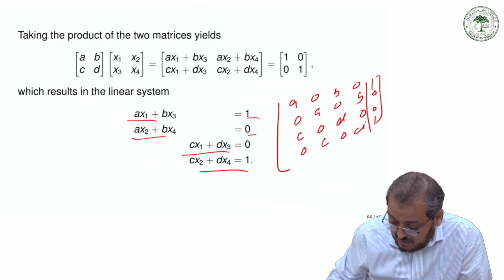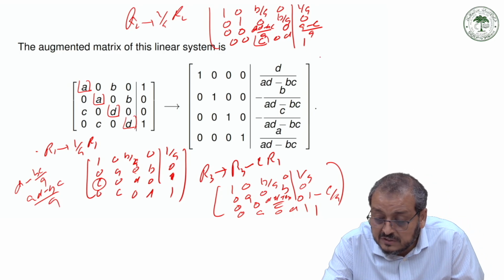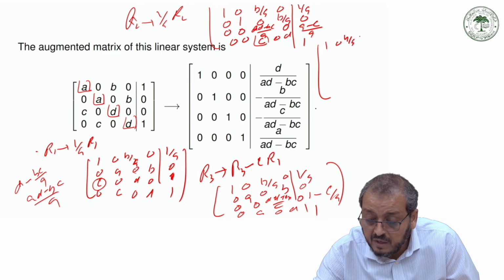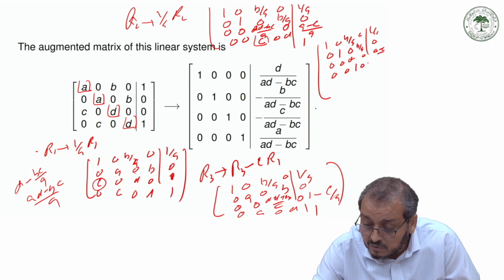Now similarly, we have to just apply here. You have to take a out; this is divided by c. So we get this: 1, 0, b/a, 0, 1/a, 0, 1, 0, b/a, 0. Then you have 0, 0. This is ad minus bc, 0, and then minus c by a. Now 0, 0, 0, 0, 1, 0, d by c, and you have 1 by c.